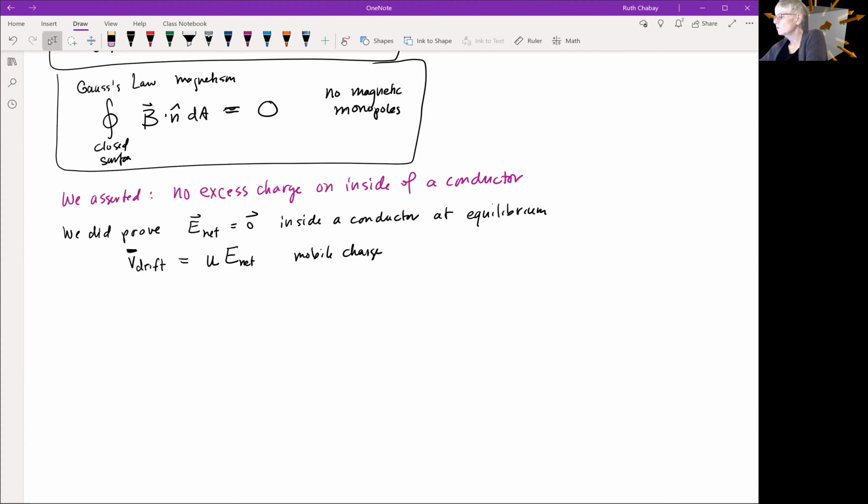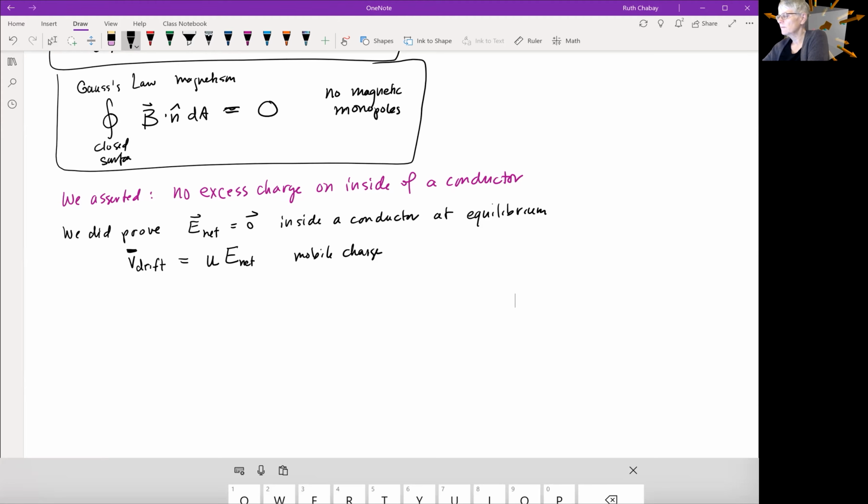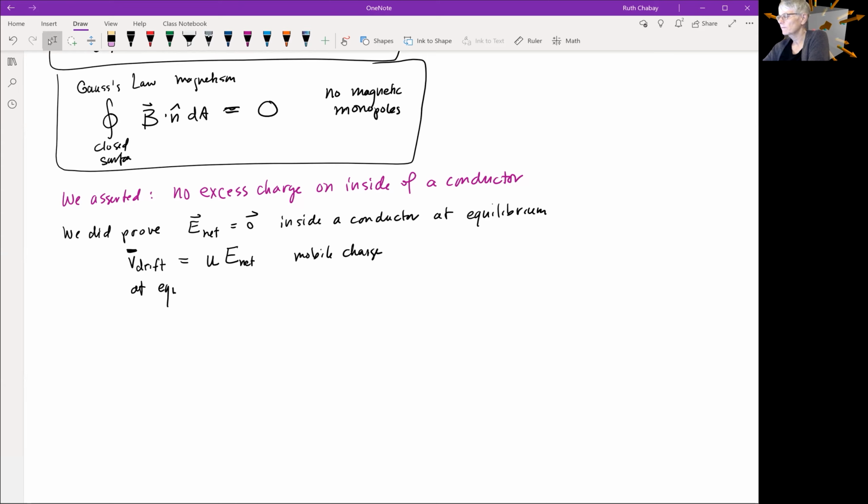And our definition of equilibrium was that the drift speed of mobile charges was zero. That means there is no real current flow or charge flow from one place to another. The charges could be moving around randomly in different directions, and that's fine, but the net average drift speed had to be zero, so no currents.